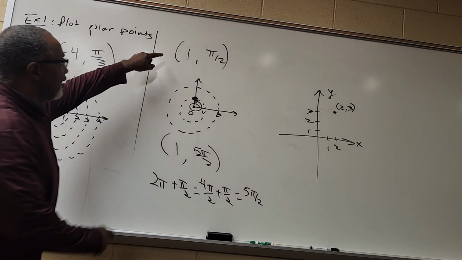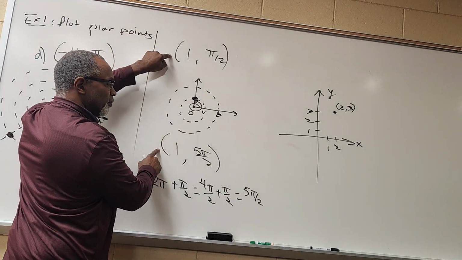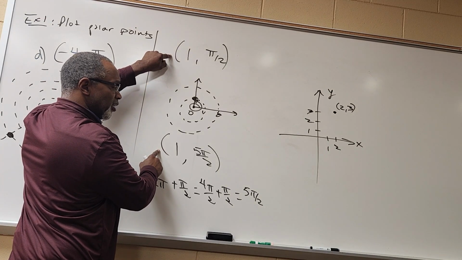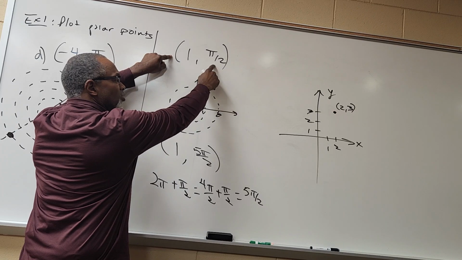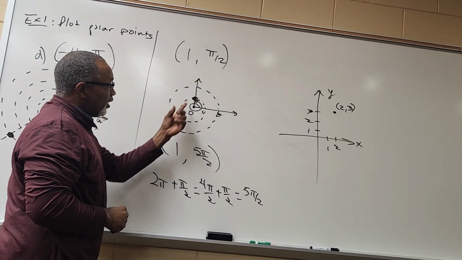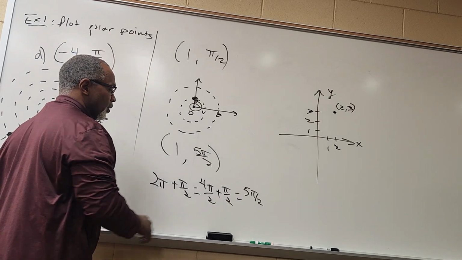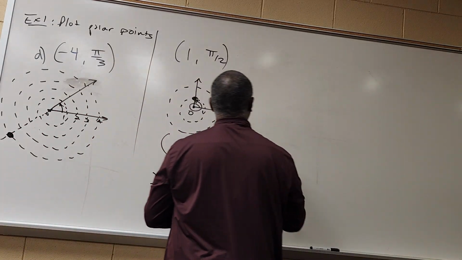But I see in these polar coordinates that a single point can have more than one representation, because I can add multiples of 2 pi to this angle, or I can subtract multiples of 2 pi from that angle.